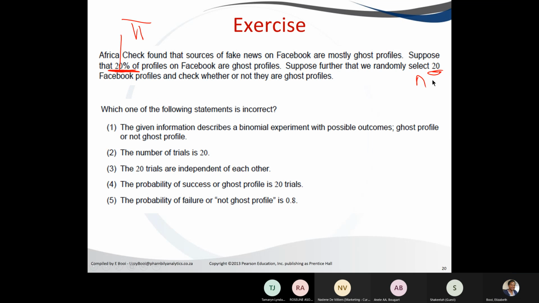In the next 2 minutes, with me being quiet, I want you to look at those statements and find out on your own, and then I will confirm if you are right or wrong. Which one of those statements is incorrect? Your 2 minutes starts now.